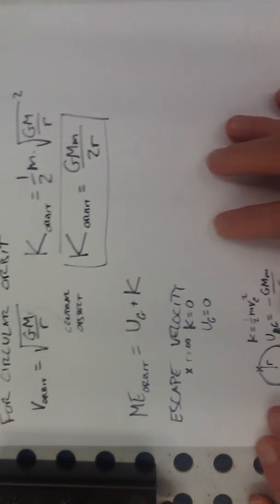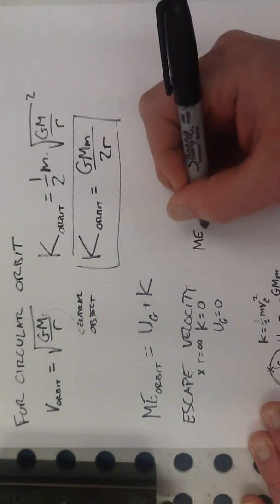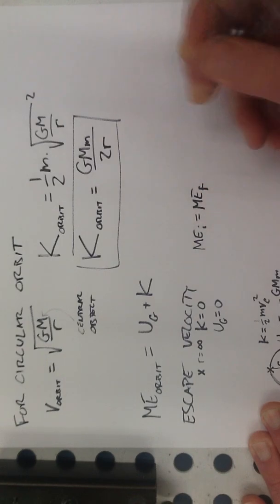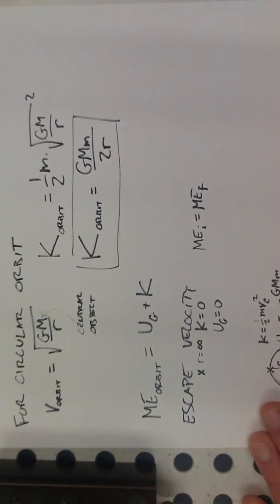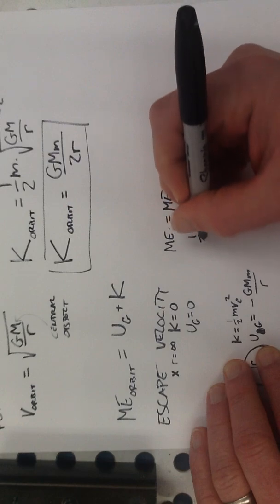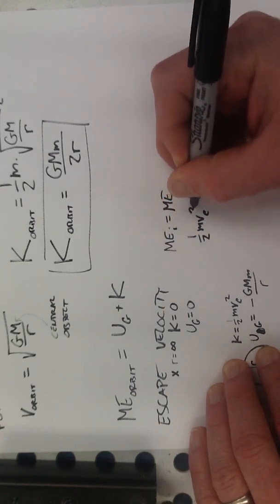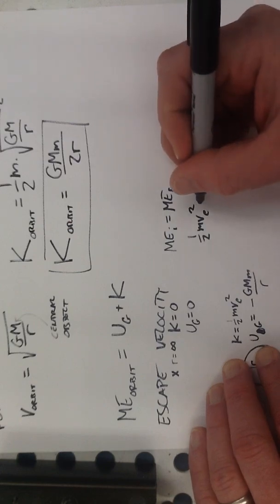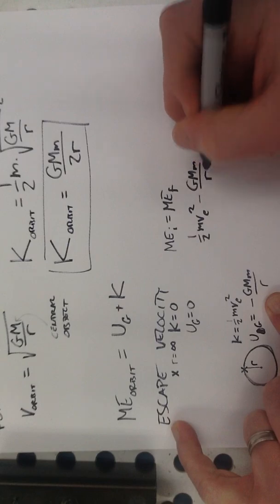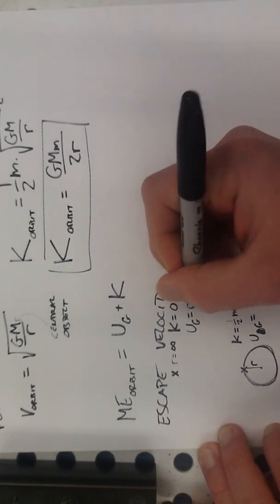Okay, so because there are no non-conservative forces, that means mechanical energy is conserved. So whatever I start with, which is 1/2 m times escape velocity squared minus GMm over r, that's my total energy here, is equal to the total here.